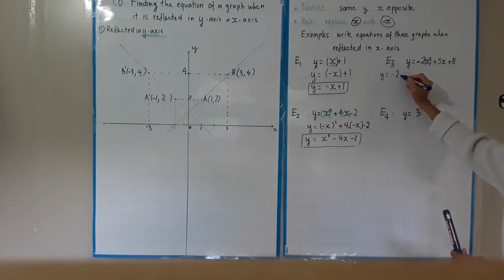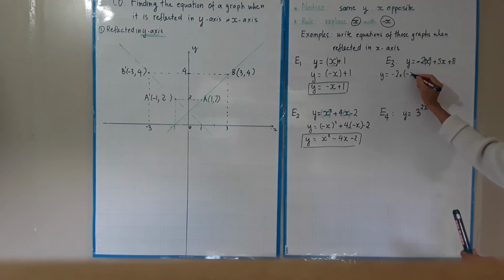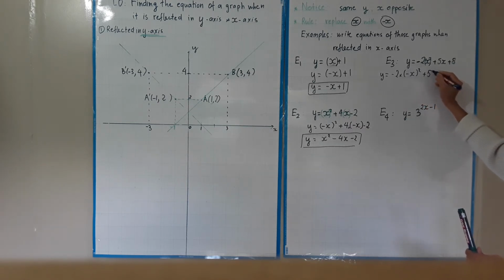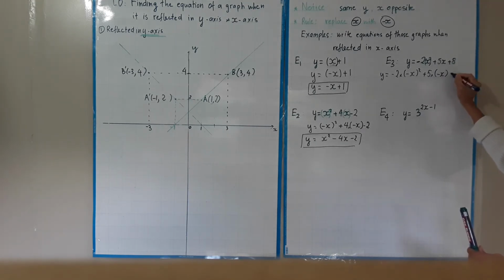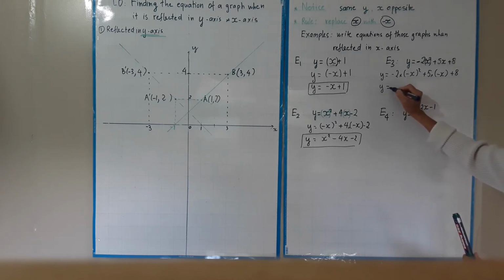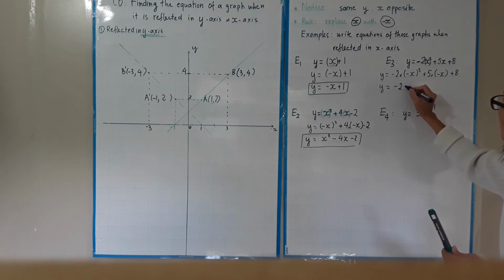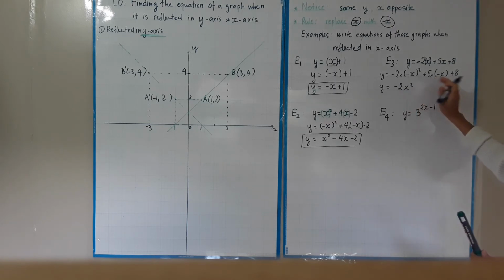Minus 2, keep it, times x will be replaced by negative x, plus 5 times x will be substituted with minus x, and plus 8. Then again you have to simplify it. Negative x all squared will be x squared. So we have minus 2x squared, take away 5x, and then plus 8.